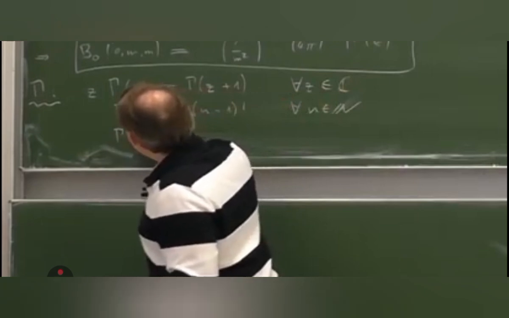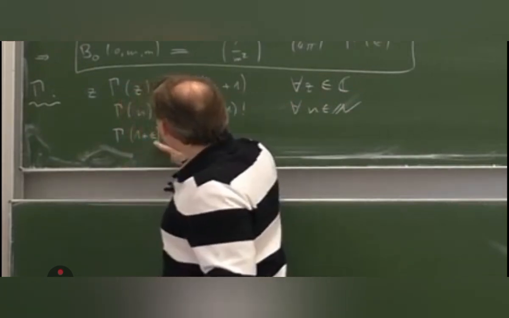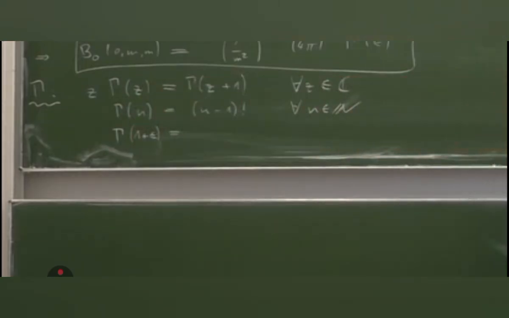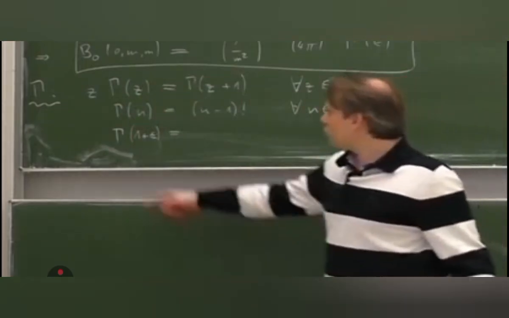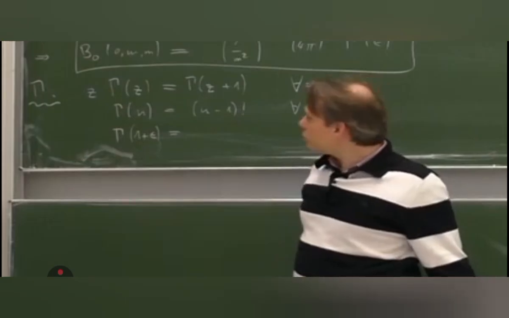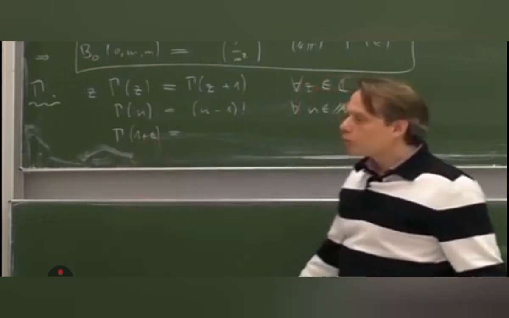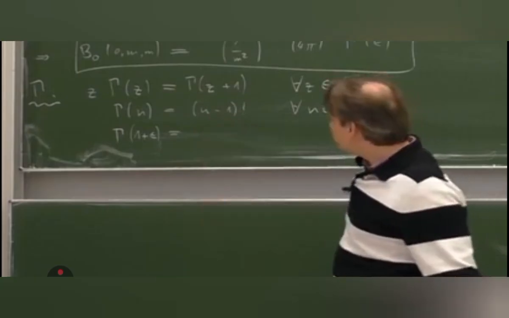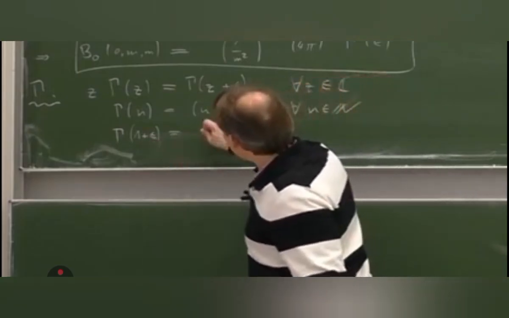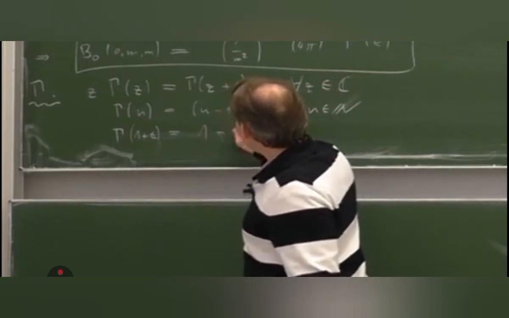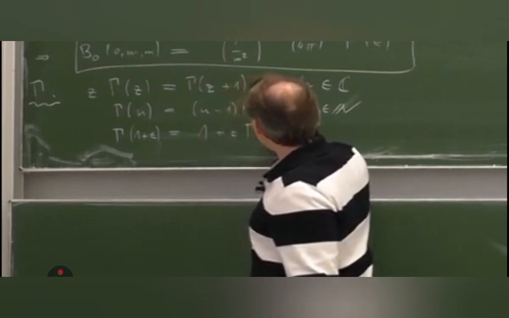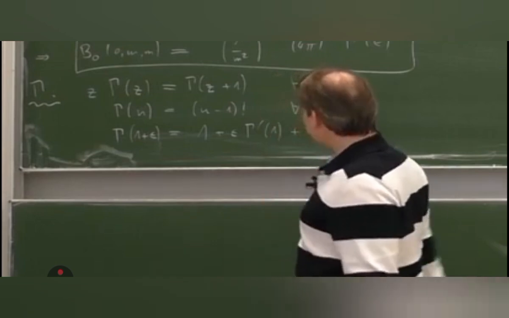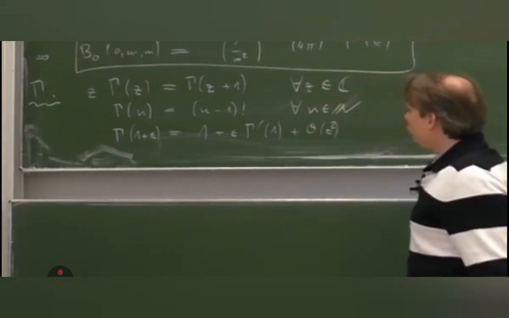Now, the gamma function is defined in the complex plane, so it is an analytic function in the complex plane. And what is particularly interesting is to look at its expansion around the point 1. So gamma of 1 is 1, and therefore the expansion around 1 starts with 1 plus epsilon times the derivative of gamma at the point 1 plus higher orders in epsilon squared.